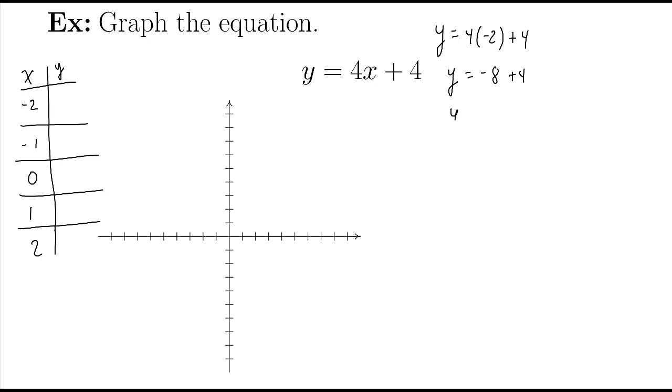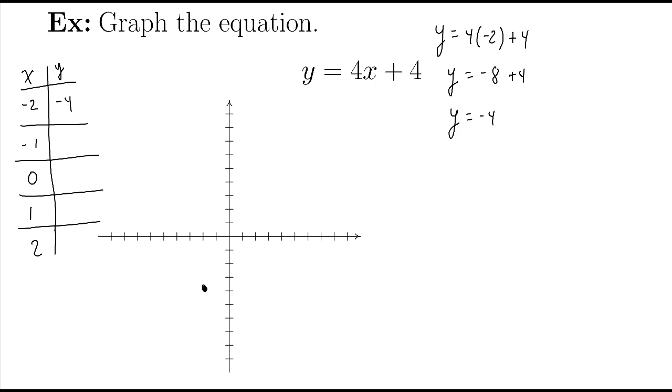So Y is equal to -4. All right, so if X is -2, then Y has to be -4 in order for this equation to be true. Okay, that's our first point. -2, -4. About right there.